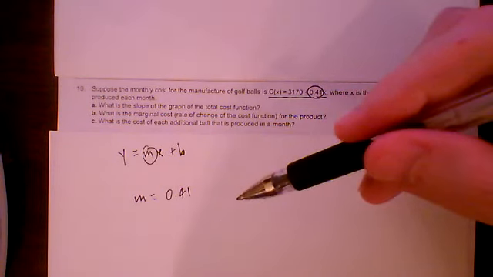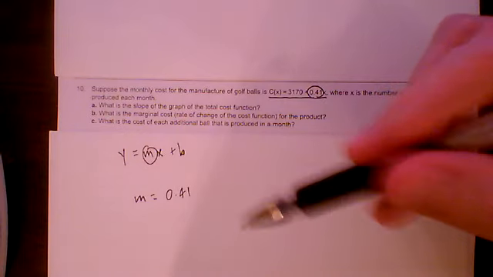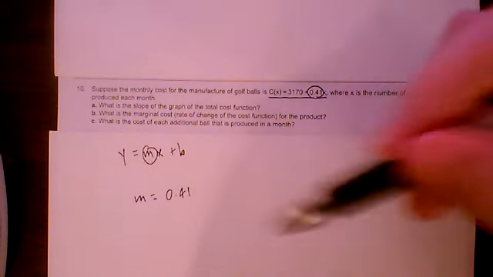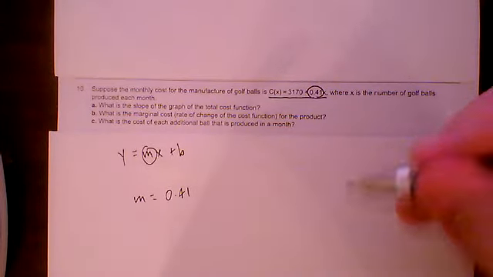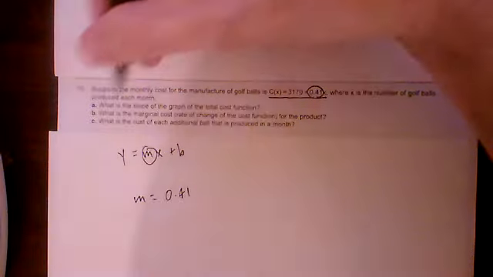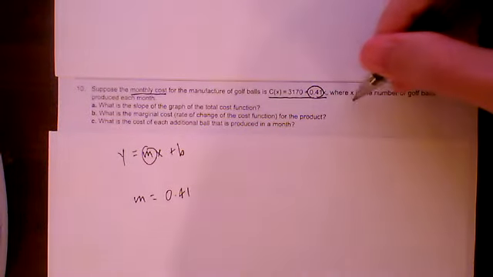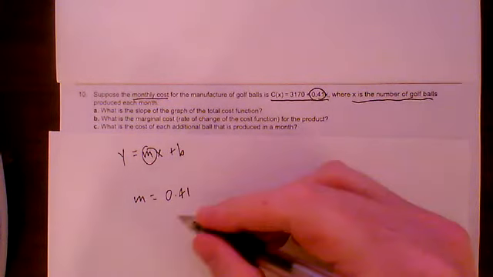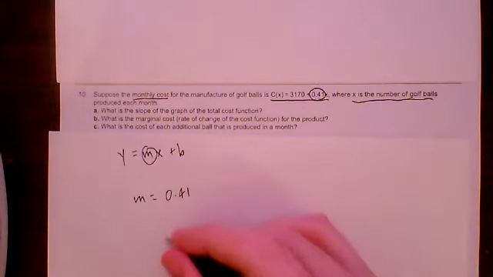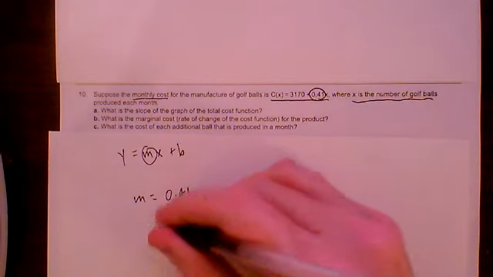Okay. The third question here asks us, what's the cost of each additional ball produced each month? So we want to think about the units here. So to get this slope, we do the y units over the x units. So the y units here are the cost. Okay. And the x units is the number of balls. So what this slope, again, the answer here, the number value is the slope again. It's just 0.41 dollars.